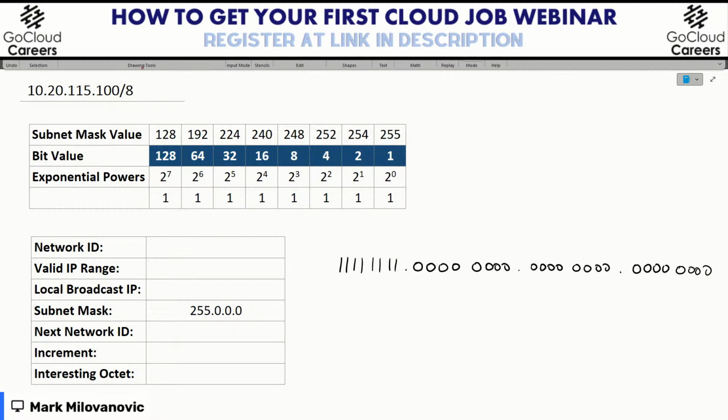We're not going to do that, because all we need to know is how many of the bits are on in the mask, and that will tell us which bits are part of the network. So in this case, we only have 8, which means that the only decimal value that's going to be part of our network ID is 10. That's it. The remaining 24 bits are going to be hosts.